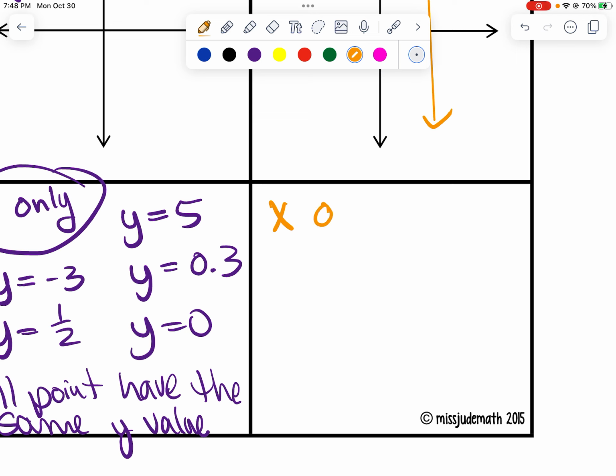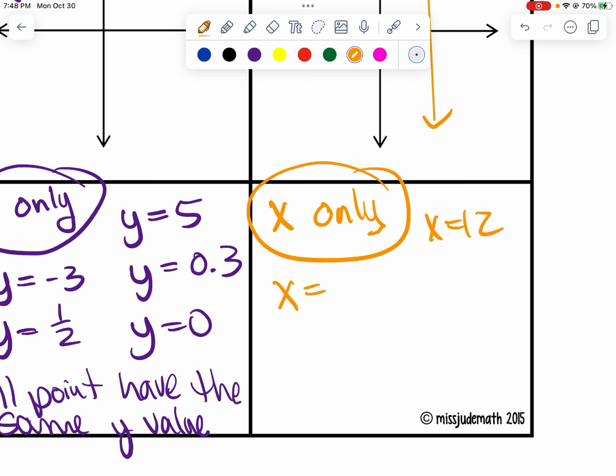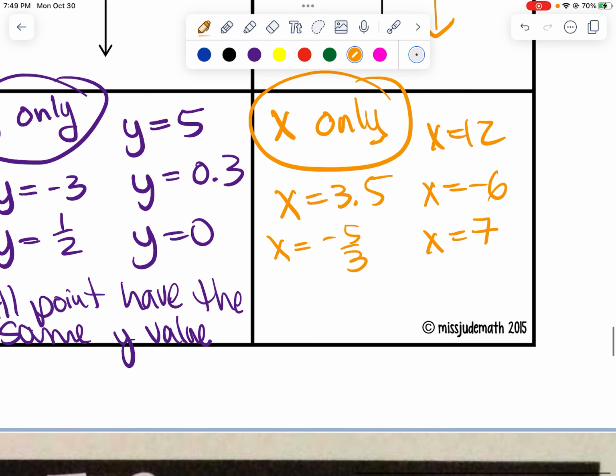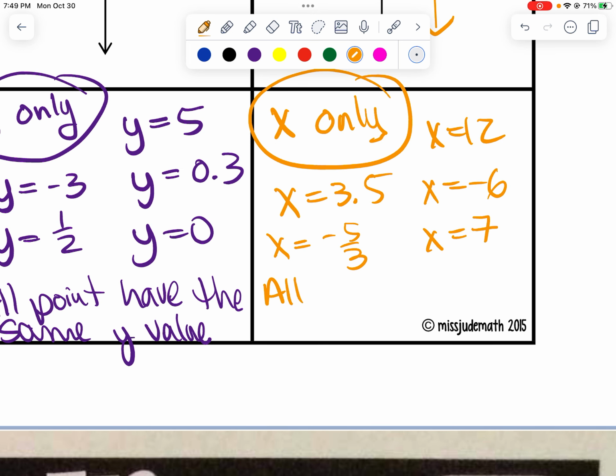This will be x only in the equation. So x equals 12, x equals 3.5, x equals negative 6, x equals negative 5/3, x equals 7. All points have the same x value.